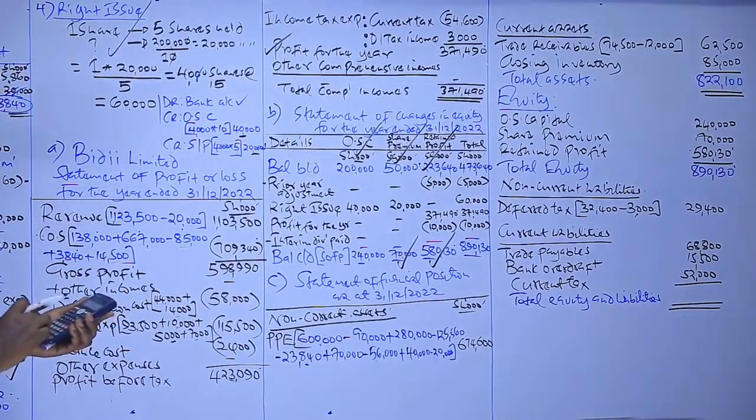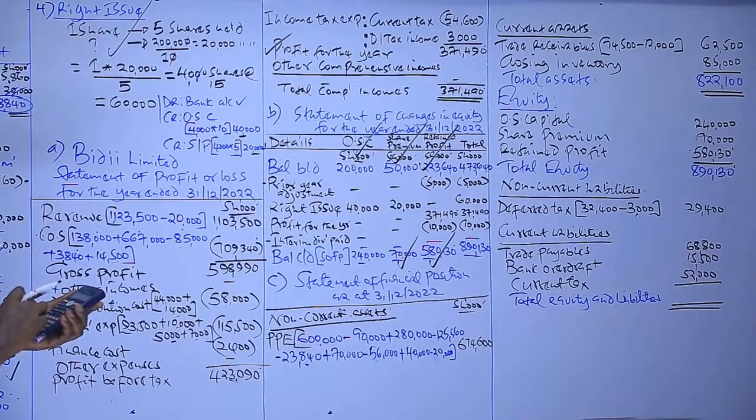So what do we have here? We have 138,000 plus 667,000 minus 85,000 plus 3,840 plus 14,500.